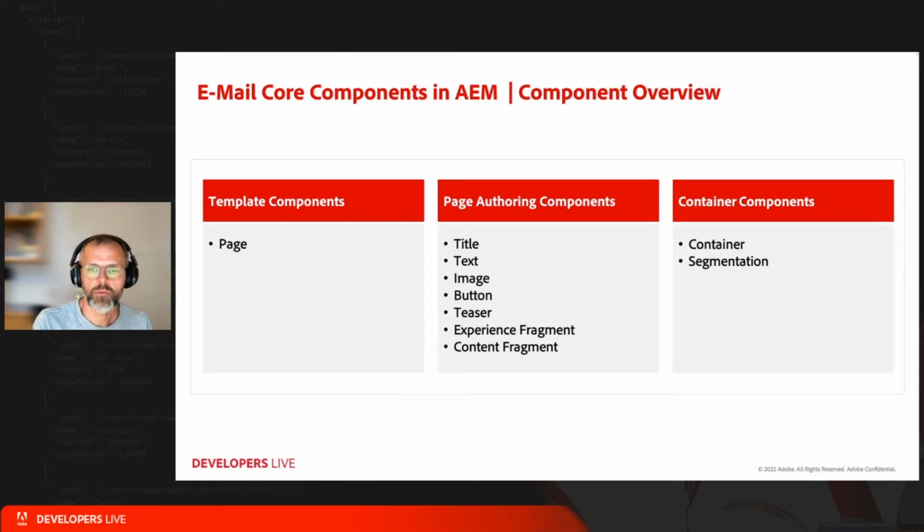The basic page component is mostly like the WCM core components with some special additions which you need for emails. Of course, you need to specify a subject, or you also need to specify maybe a pre-header, which is displayed in email clients before you open the email. So this feature is contained in the page component.